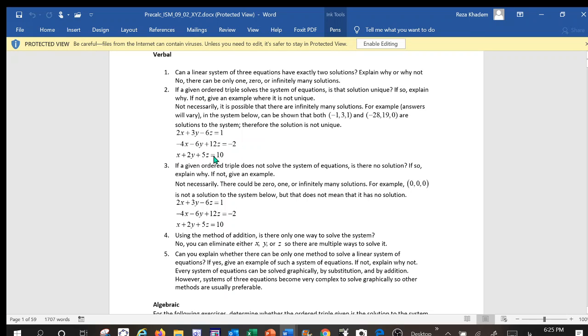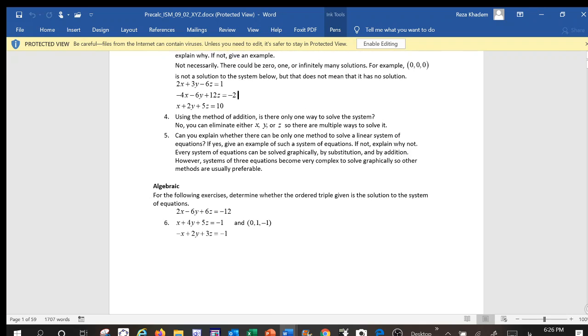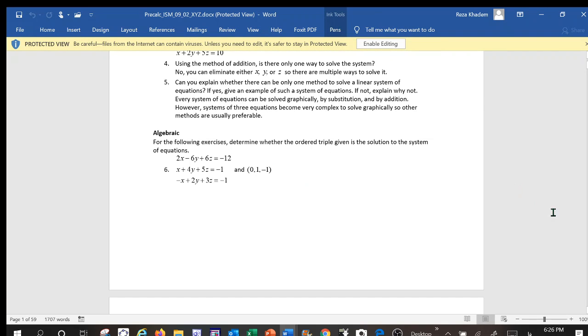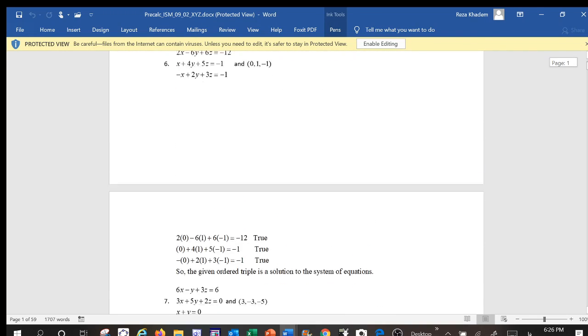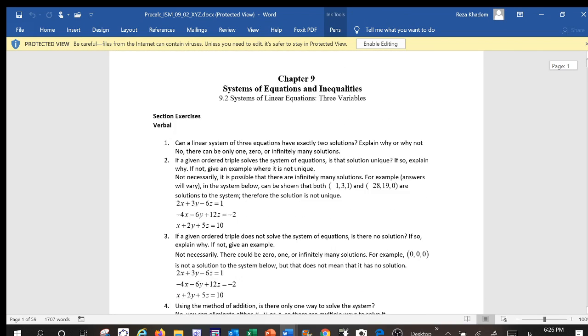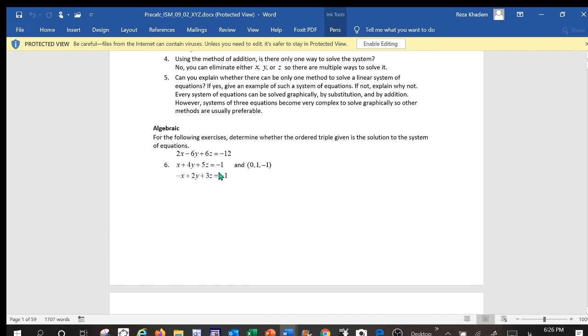Now, geometrically, what does that mean when you do this? Well, let me show you what it means geometrically. So let's look at an example. Let's see. We can do an example. So this one right here, this is a solution for that.